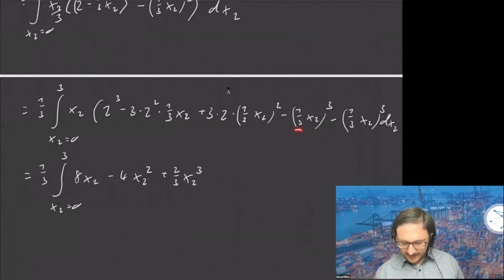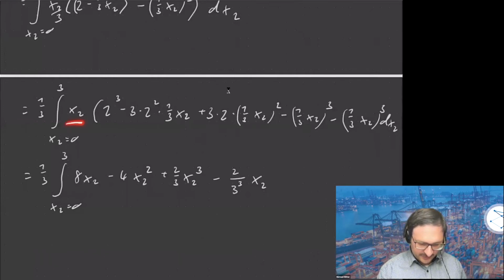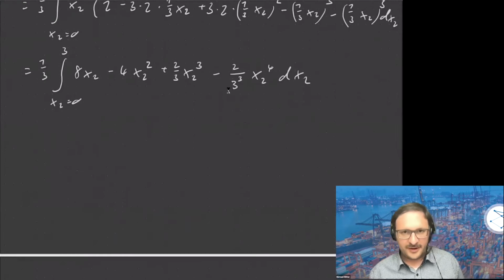So that's minus 1/3 x2 to the 3rd, minus 1/3 x2 to the 3rd, 2 times the same expression, at least that one. So we get minus 2 over 3 to the power of 3 x2 to the power of 3 times x2, this outer one again. So that's an x2 to the power of 4. Okay, a little long, but not actually complicated.